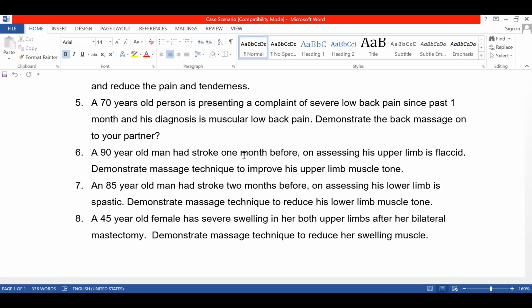So as she said, apply effleurage and then circular kneading, and then some palmar petrissage, and then once again effleurage, and then maybe some hacking, but light hacking, and then continue with effleurage and petrissage, and again ending with some effleurage.